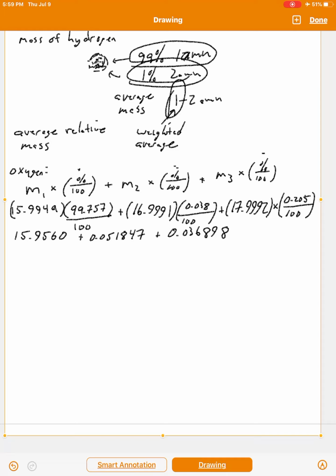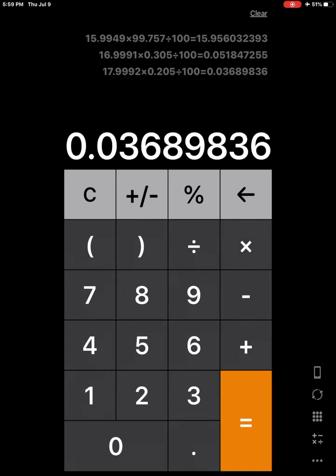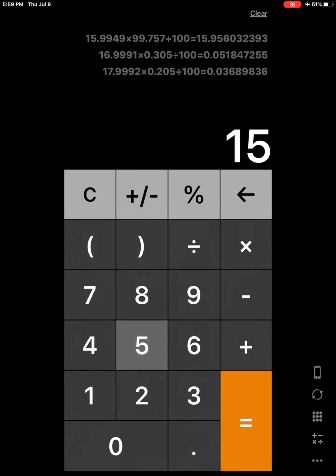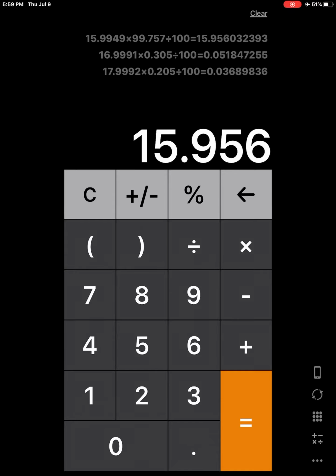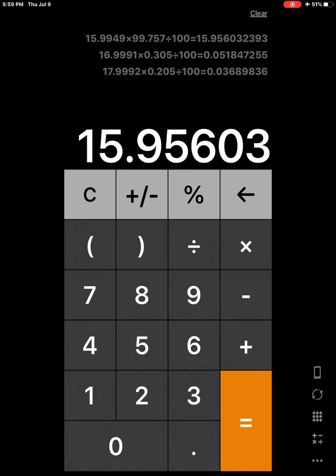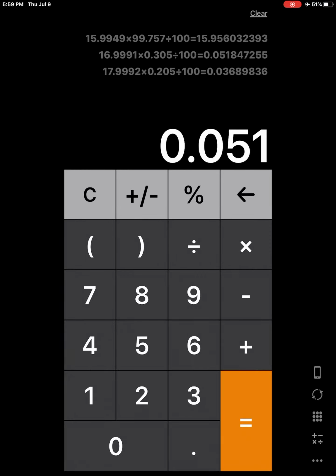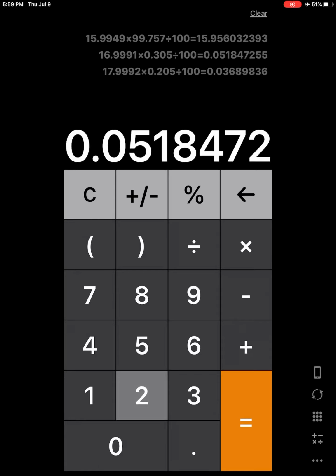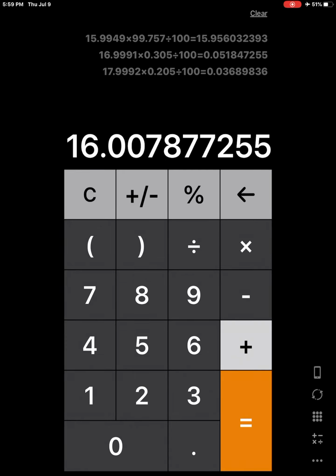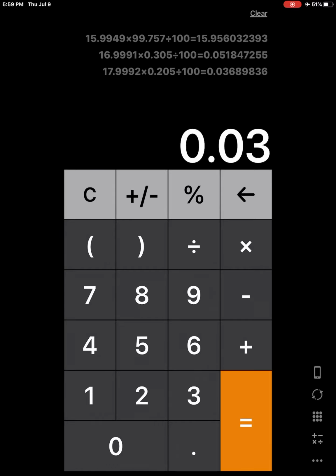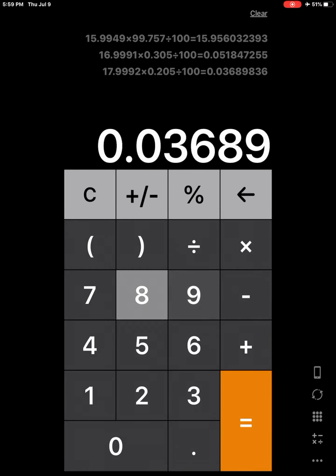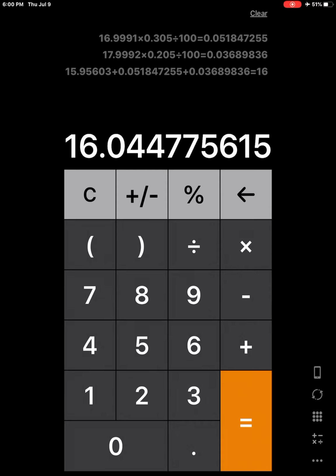Now we add those together. 15. I'm going to use the numbers that I have here on the calculator. 15.95603. I put a couple extra sig figs in there, that's fine. Plus 0.051847.255, 0.036 89836, and you get 16.